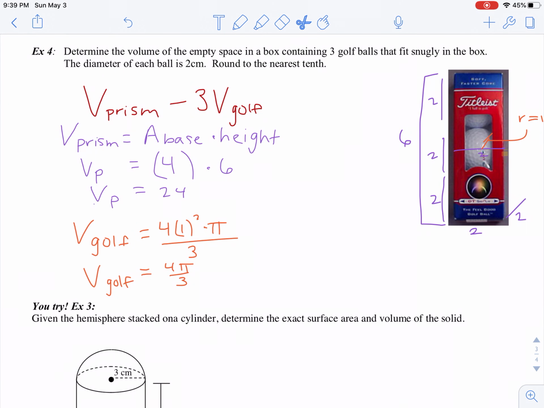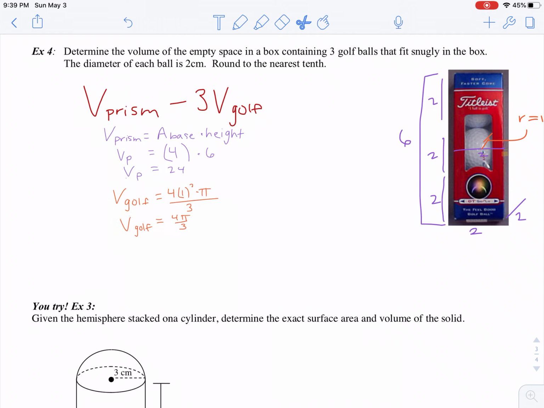So now what I really would like to do is find the leftover space. I'm going to remove the golf balls from the prism. So my prism is 24. I want to subtract 3 of my golf balls, and each golf ball is 4 pi over 3. So nicely, these 3's cancel out, and I get 24 minus 4 pi centimeters cubed.